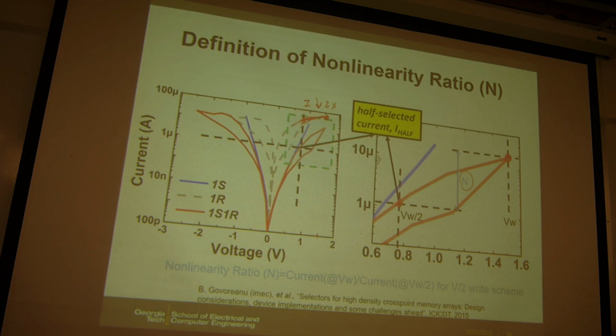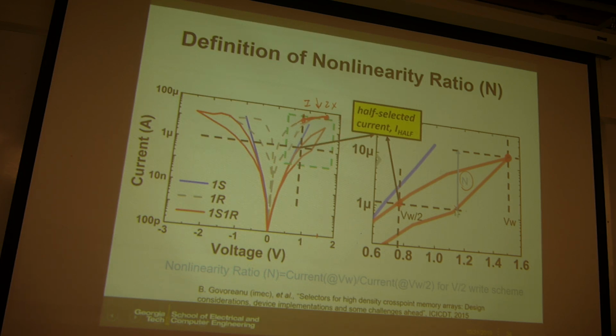We define this N as the nonlinearity ratio: the current at write voltage divided by the current at half write voltage. This is specific to the V/2 scheme. In this experimental data, it's reduced from more than 10 microamps to close to 1 microamp, so more than 10 times.